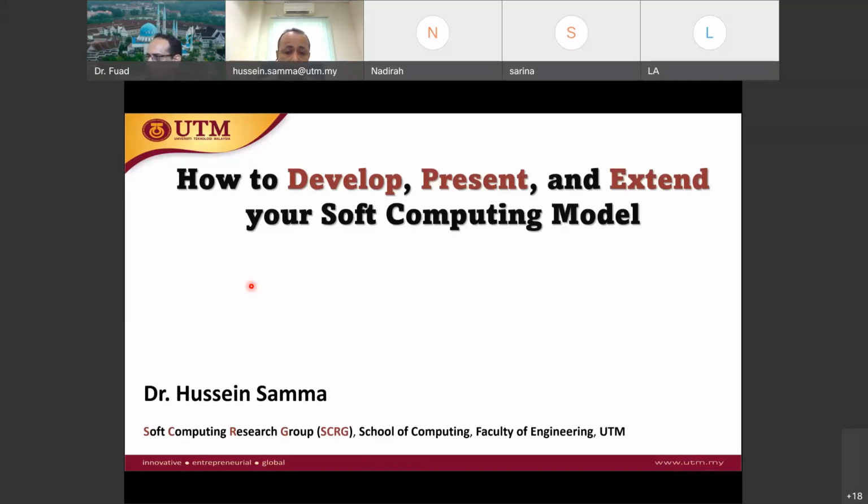In the context of this presentation, I'd like to highlight three terms. The first one is the development process. Once you have finished the development process, you need to move to the presentation stage, which is about how you can present your findings to be published in whatever high impact or low impact journals.